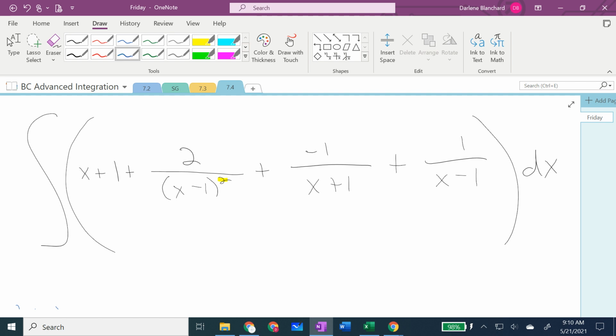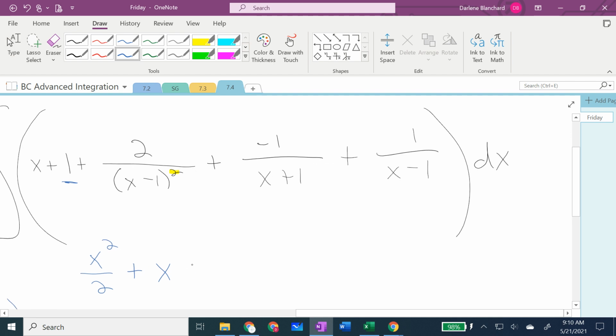So here we go. The integral of x is x squared over 2, plus the integral of 1 is x. Now, with this next one, I have the constant 2, and then I'm looking at a u substitution where my u is equal to x minus 1.